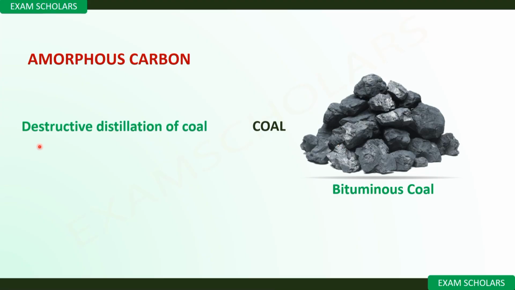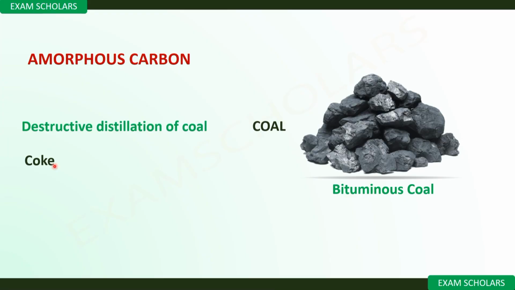Let me explain destructive distillation for you. Destructive distillation simply means you are heating something up in order to do away with the volatile compounds. When you heat something up in a limited supply of air, that is known as destructive distillation. So when you do that for coal, you are going to get coke, another type of carbon.